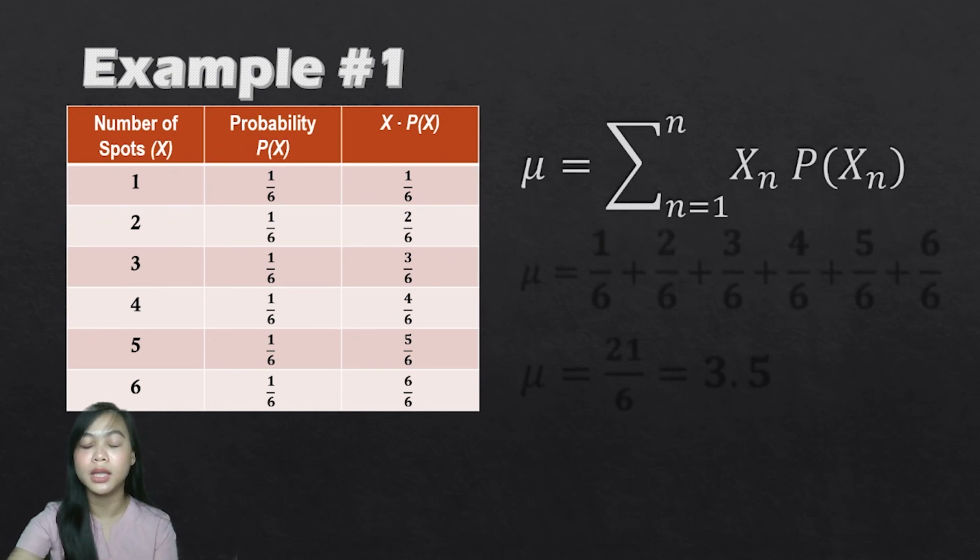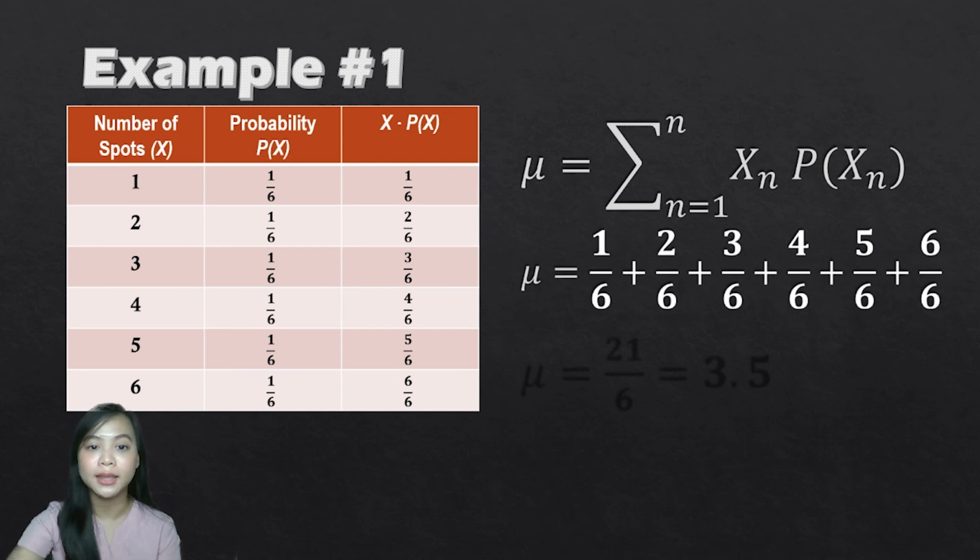To get the mean of this discrete random variable, the formula we have is mu equals the summation of x sub n multiplied by the probability of x sub n, from n equals 1 up to n. So for the fourth step, we need to get the sum of products.